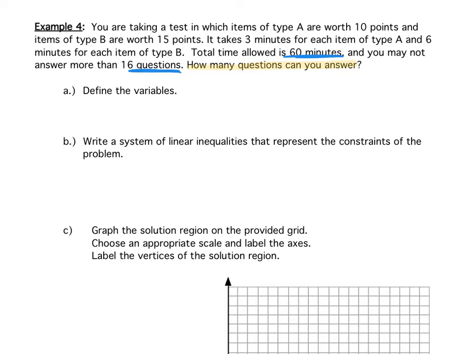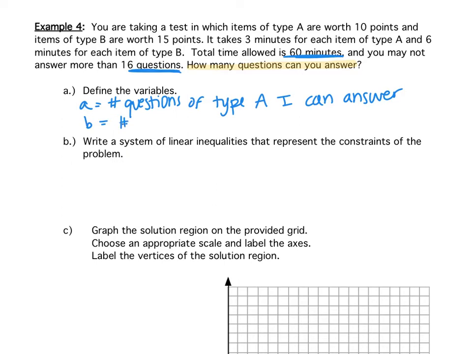Now, in this case, there's questions of type A and questions of type B. So I'm going to say A is the number of questions of type A that I can answer. B then is the number of questions of type B that I can answer.